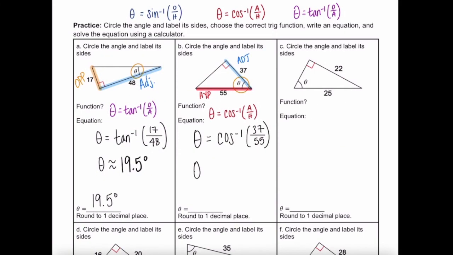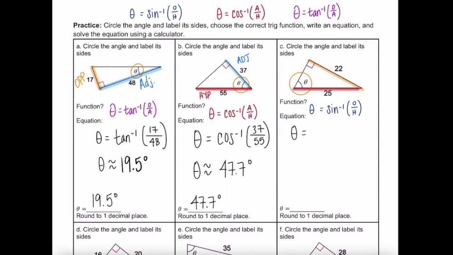So theta is approximately 47.7 degrees. All right, problem C. Here is our angle, and it looks like we're given the opposite side and hypotenuse. So which trig function are we going to use here? Opposite and hypotenuse, we are using our inverse sine function, opposite over hypotenuse.